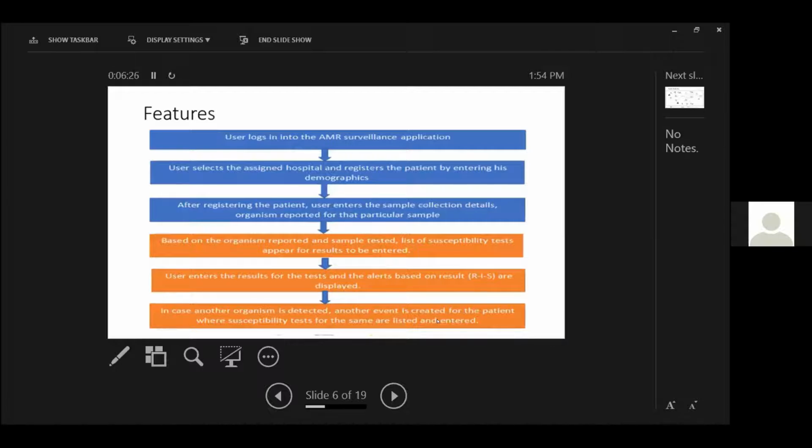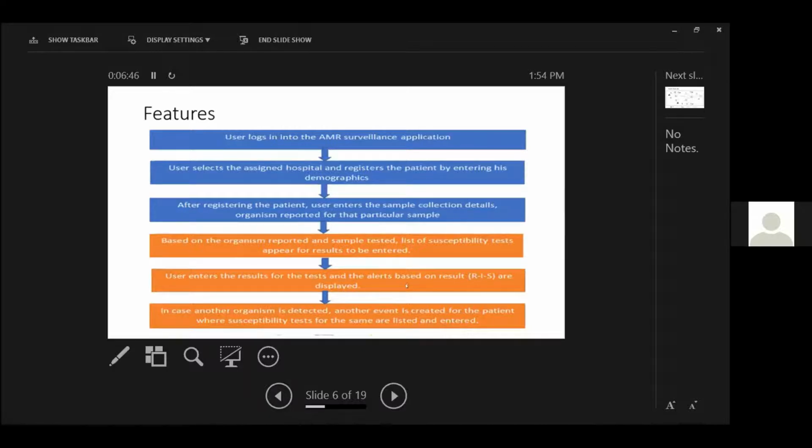And then we put all the details, including socio-demographic. And then in the laboratory, we have the platform to enter whether there is growth of an organism or no growth, and if there is growth, the type of the organism, and when the susceptibility test is done, and then the specific test for each organism.